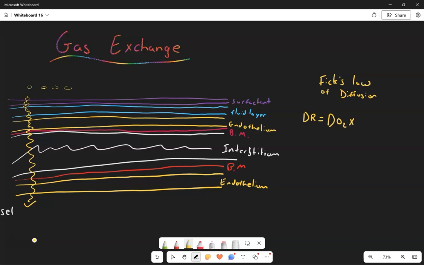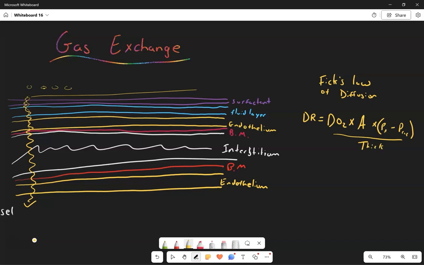Multiply that by the overall area that it has for diffusion, so this would be your cross-sectional area, multiplied by the concentration gradient, which is based off of partial pressure. So you have your partial pressure inside of the alveoli minus your partial pressure inside of the capillary. And then all of that divided by the distance or thickness.